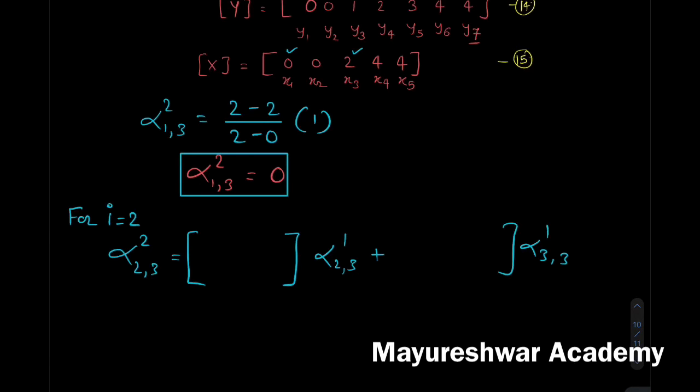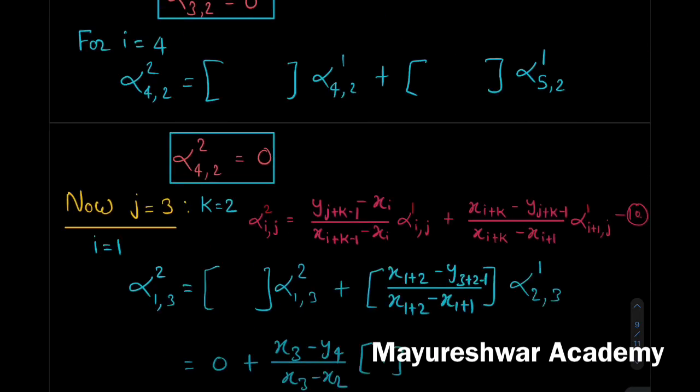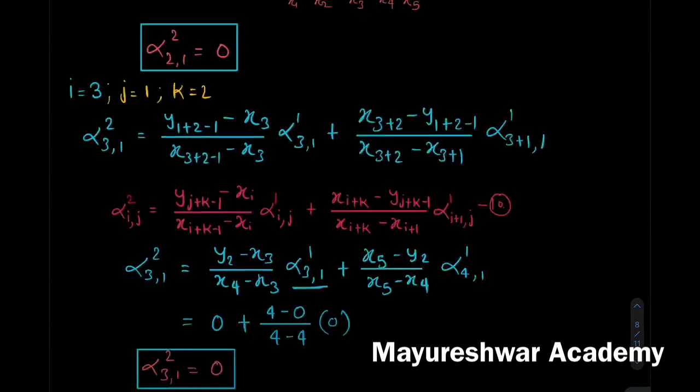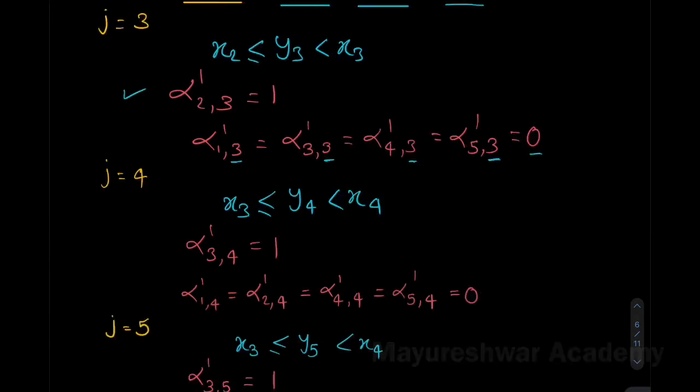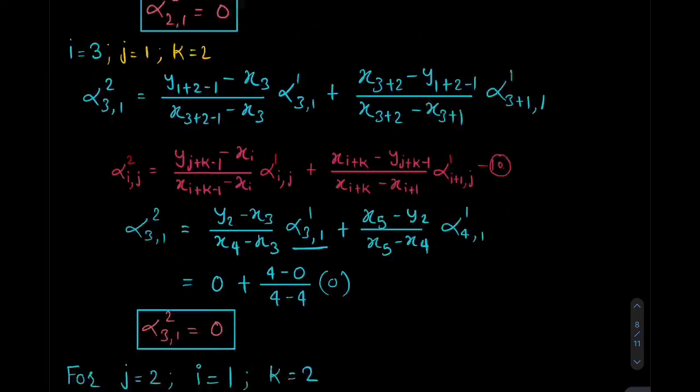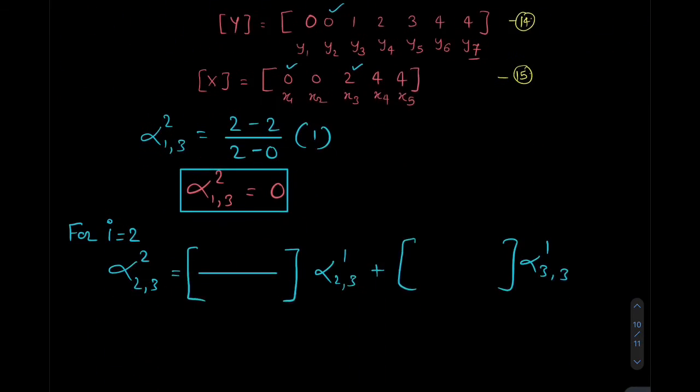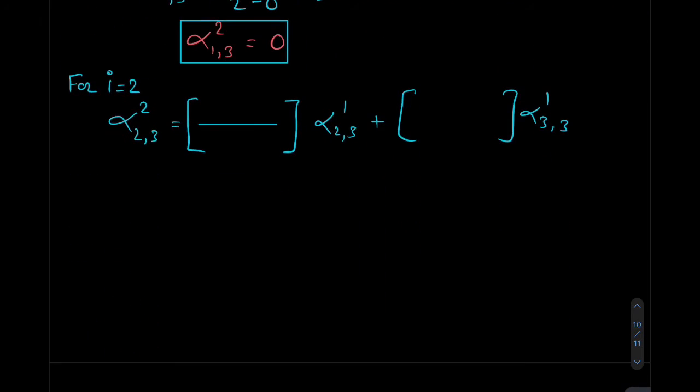We already know that this part is going to be 0, only alpha 2 3 will remain there. Alpha 2 3 is unity, all other values are 0. So the first term we need to write from that equation, so let us write it.